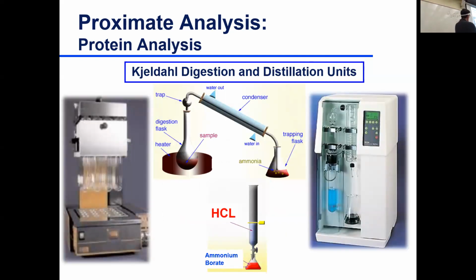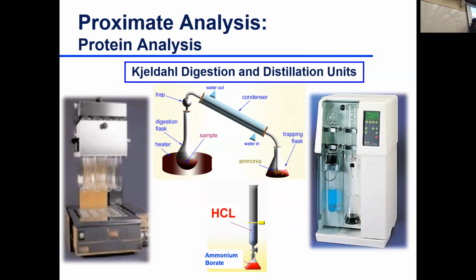This is what you're going to use in the lab. This is a digestion block. This is going to be done for you actually because the digestion takes several hours. So each tube here will have your sample, will have H2SO4, and will have the catalyst. And this is the heating block. And there is an exhaust system.